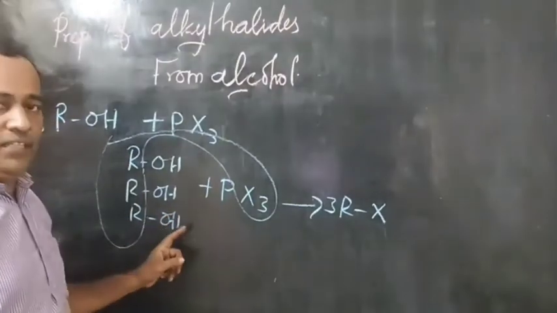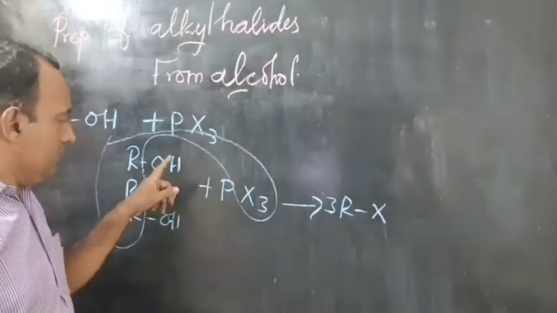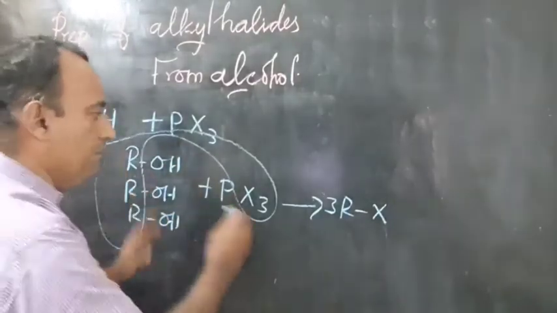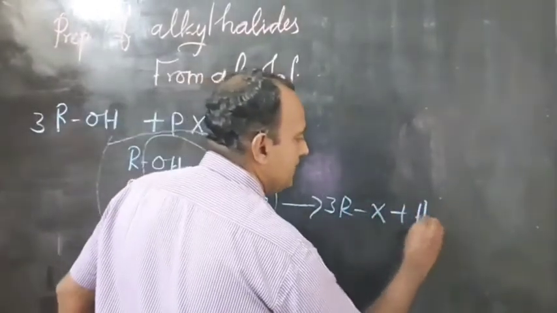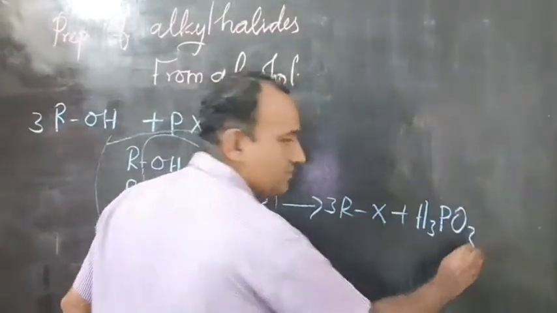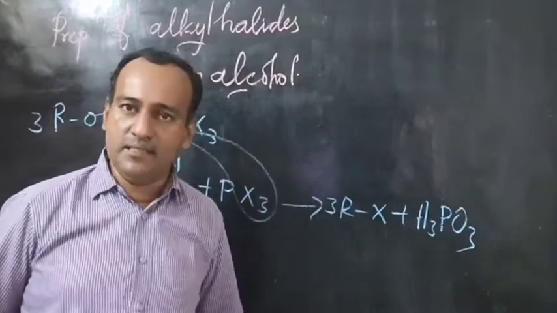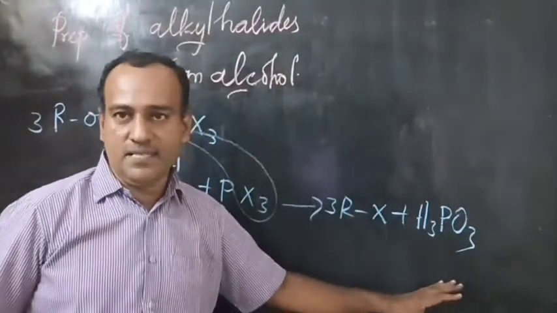What are the remaining things? One phosphorus is there, 3 OH groups are there. They combine together to form H3PO3. H3PO3 is nothing but phosphorus acid. It is called phosphorus acid.